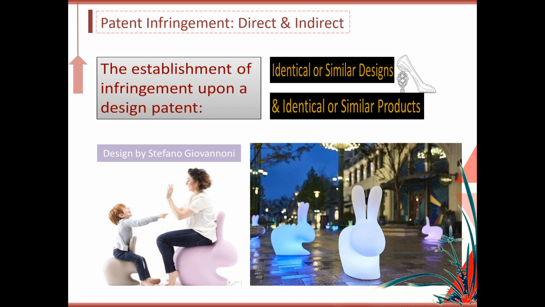But in an infringement case, that's not enough. It can go much beyond that. The courts consider many factors, including the class of goods for which the patented design was originally applied for.